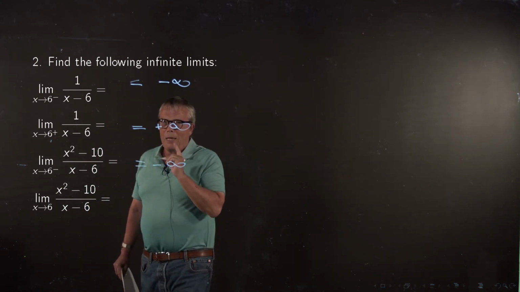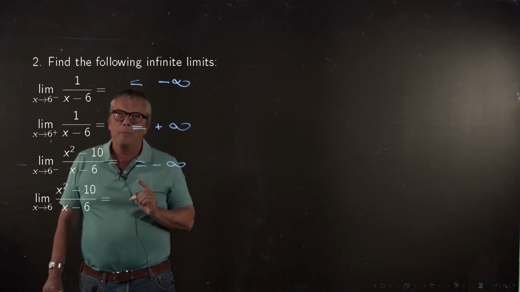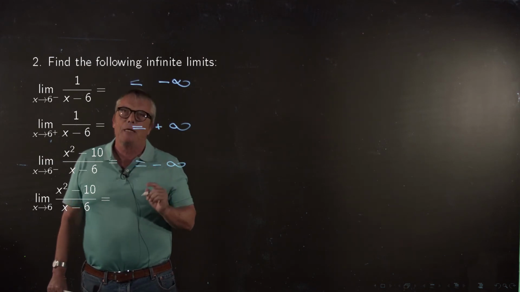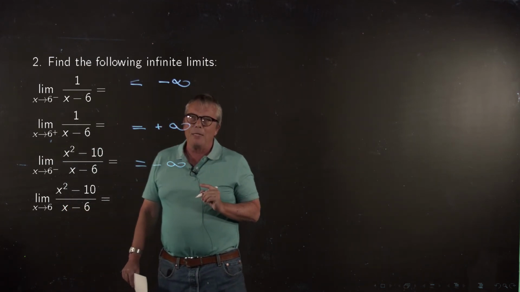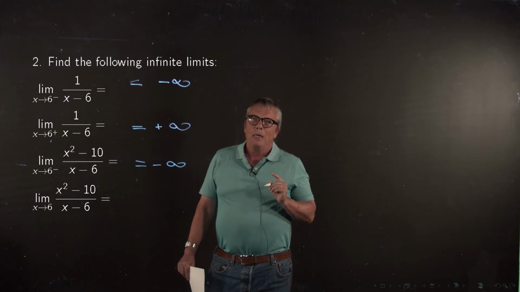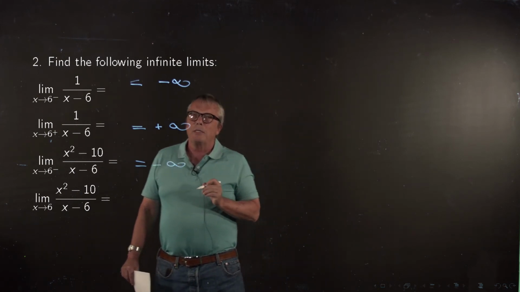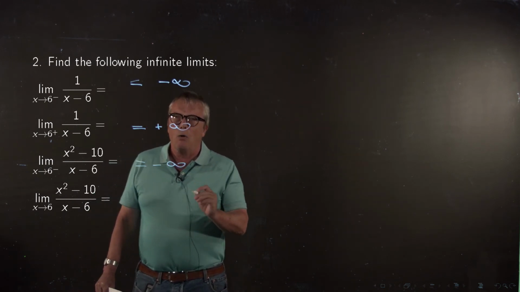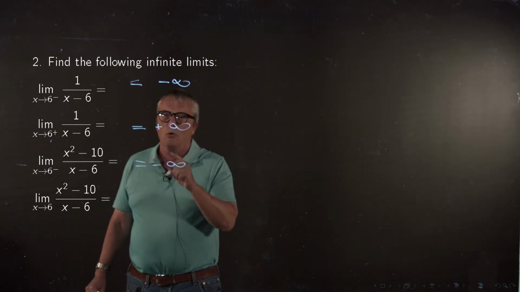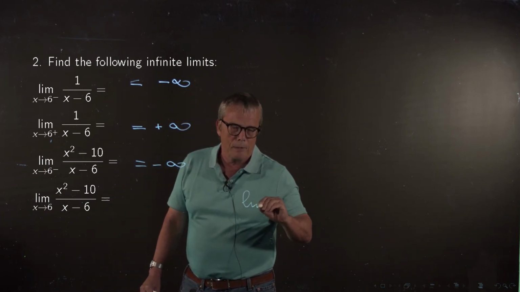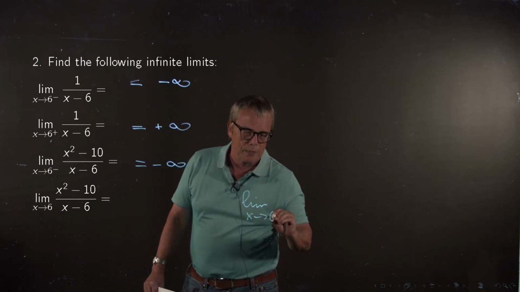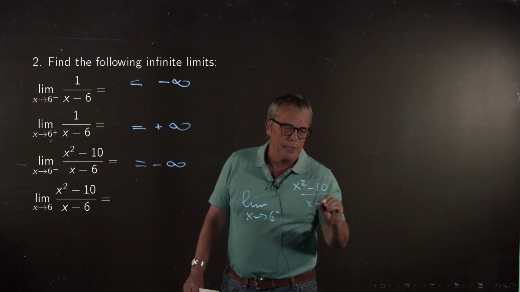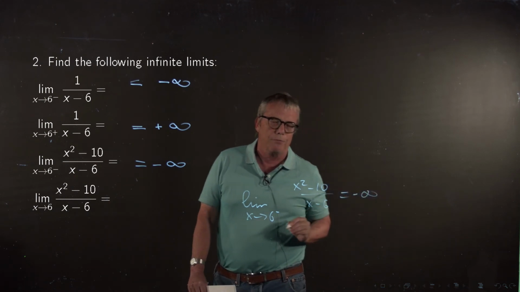So in the last one, we think of x approaching 6 from either side, from minus and plus. Again, the numerator will approach 26. But now, in this case, we already know that the limit of x approaching 6 minus of x squared minus 10 over x minus 6, we already realized that this is minus infinity.